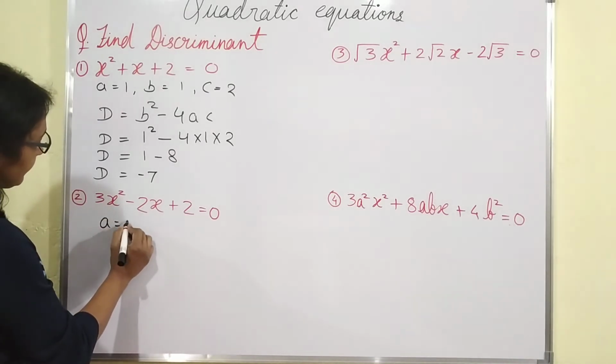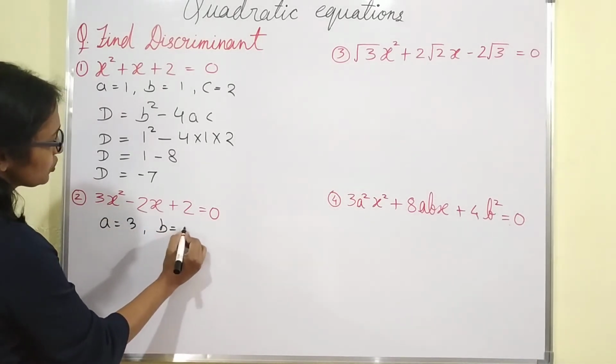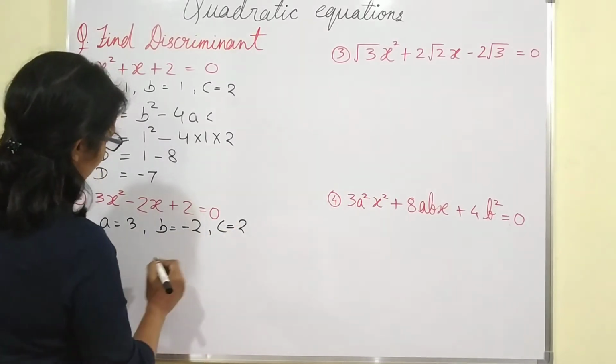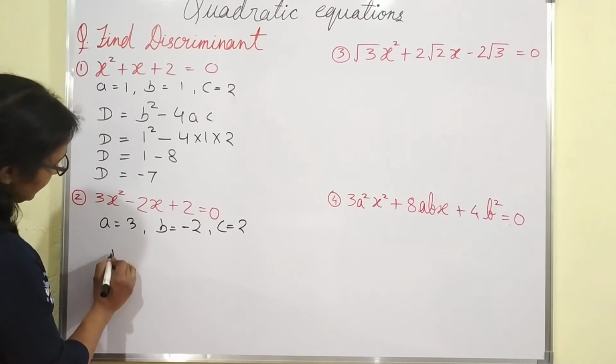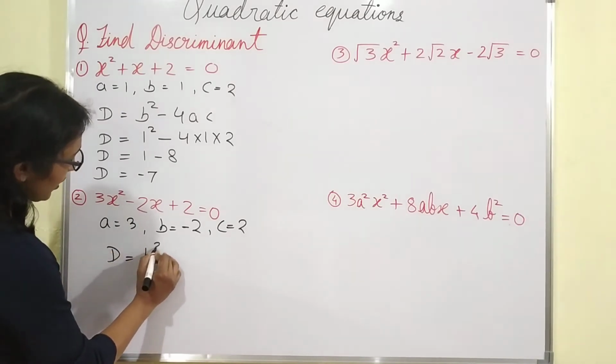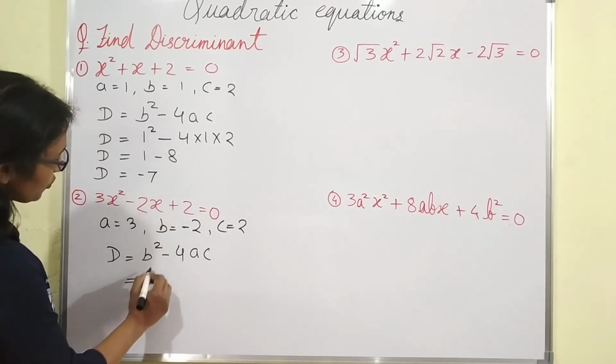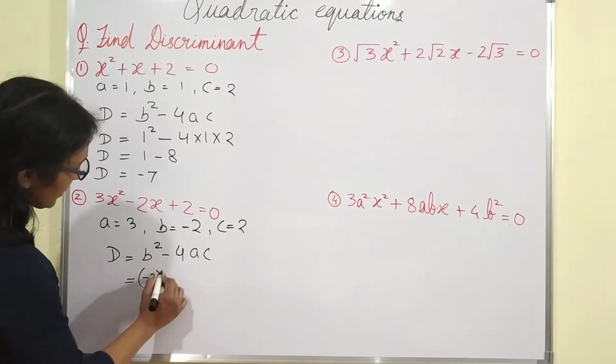In the next question, 3x square minus 2x plus 2 equals to 0. So, a is here 3, b equals minus 2 and c equals 2. So, d equals b square minus 4ac.